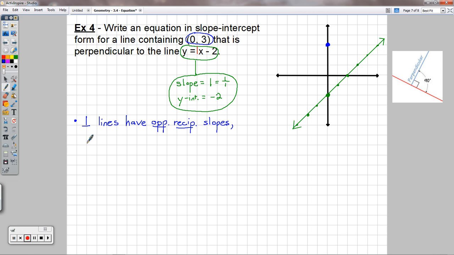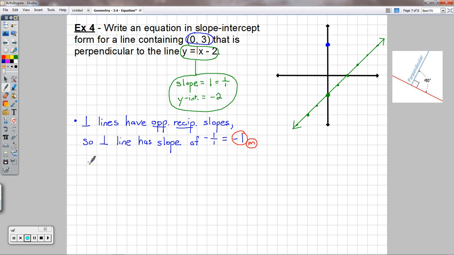That means the perpendicular line has a slope of, it's going to be this flipped, so 1 over 1 is still 1 over 1, but it's also the opposite of that, so it's negative. So it's -1 over 1, which is just the same thing as saying -1. So this is your m value for the blue line.